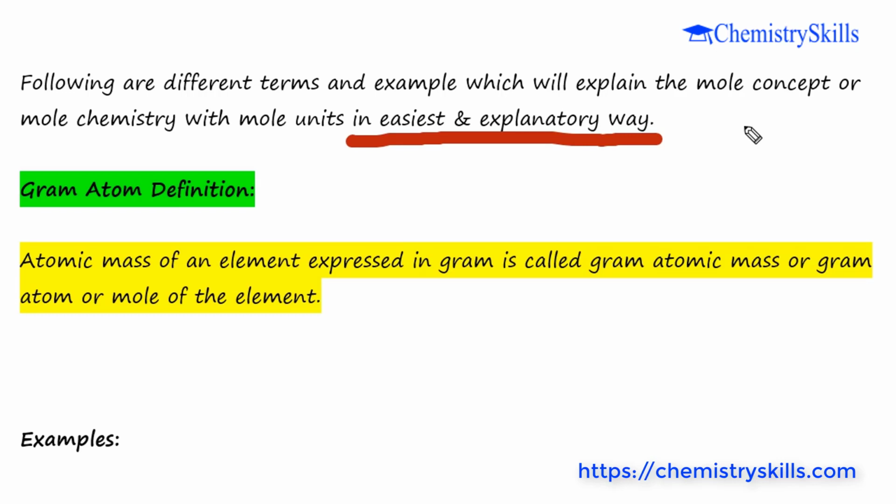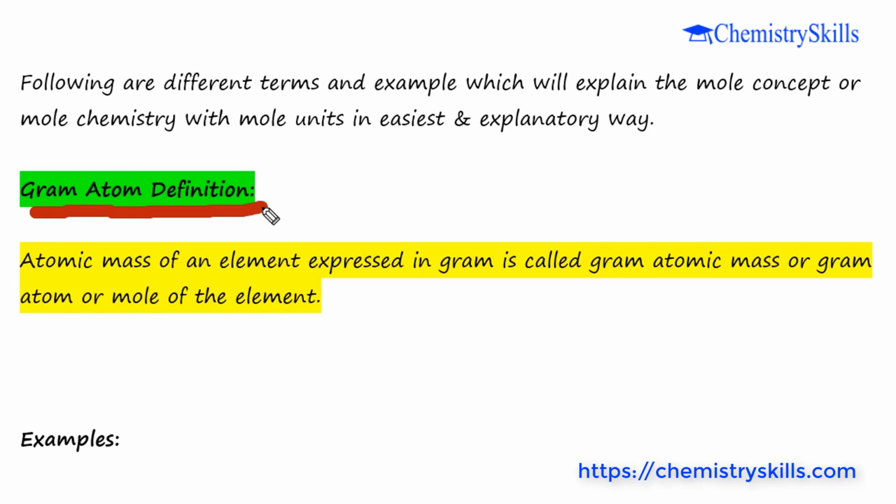Now we will discuss the concept of mole one by one for atoms, for molecules, for ions, and formula units. Very first, I am going to discuss the term gram atom. It is the mole of atomic masses of atoms.